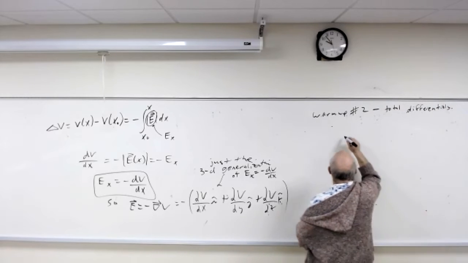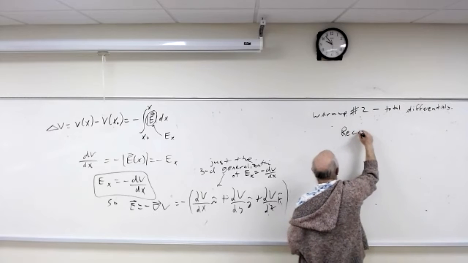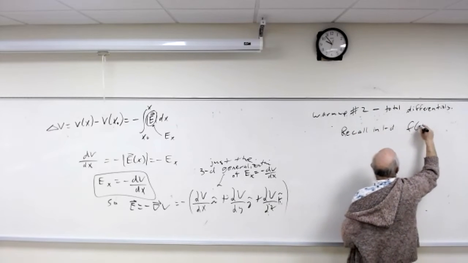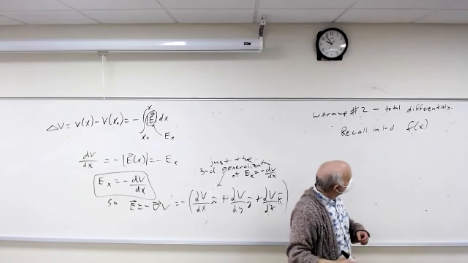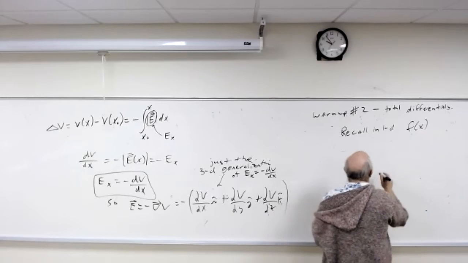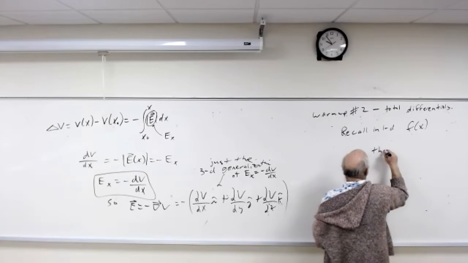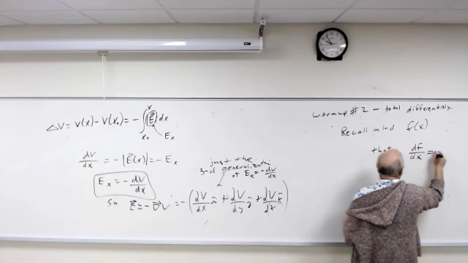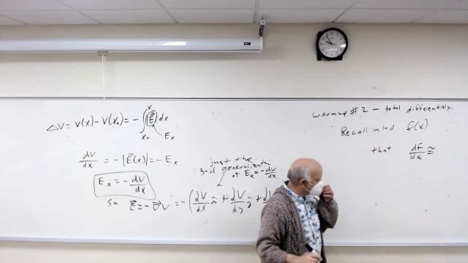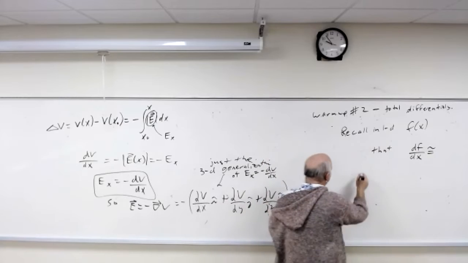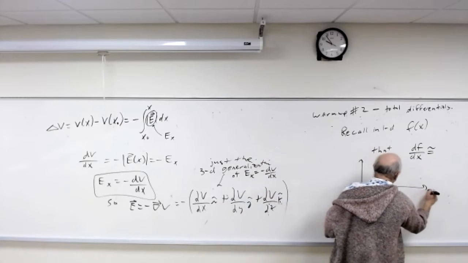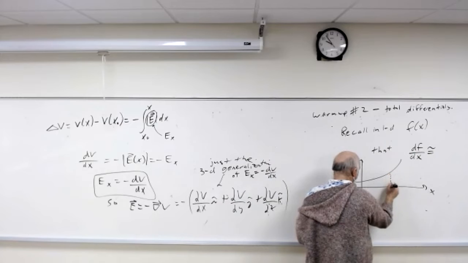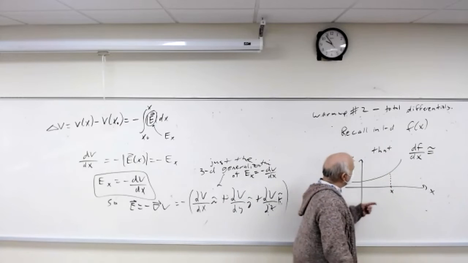Okay, so recall in 1D, if I have a function like this, I can say this is approximately what? So let's actually draw a little graph. Delta f over delta x. This is x. This is f. Here's the function. What is this guy here?